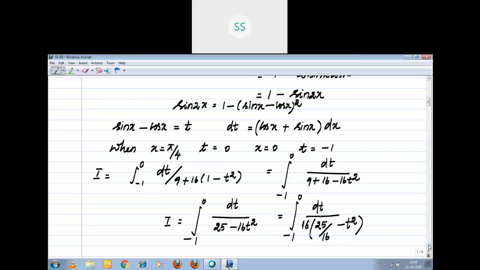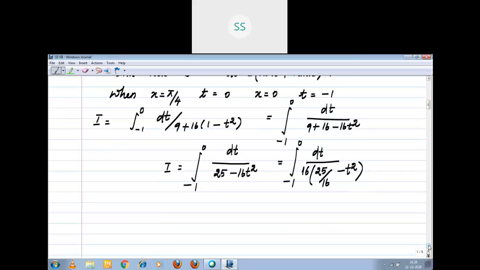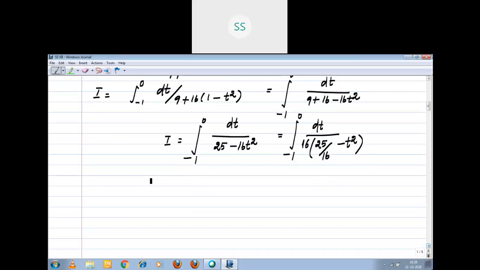Now 1 by 16 you should take out of the integral. dt divided by (5 by 4) the whole square minus t square.